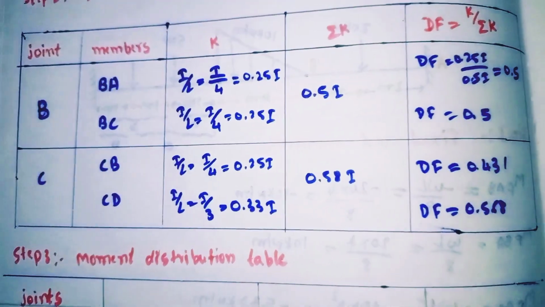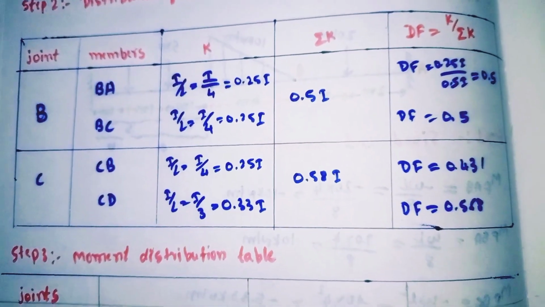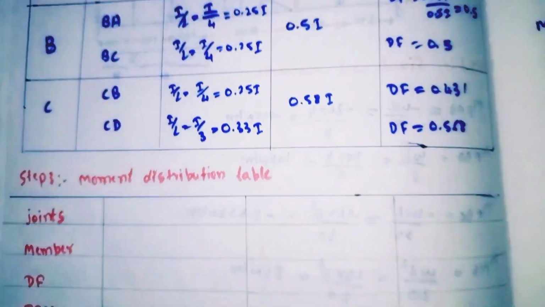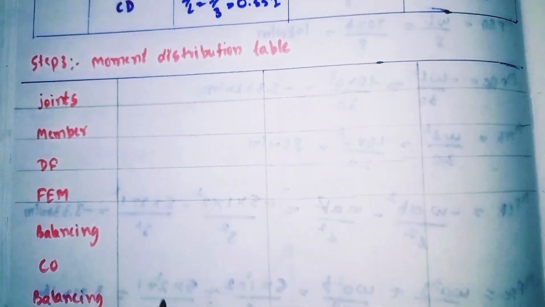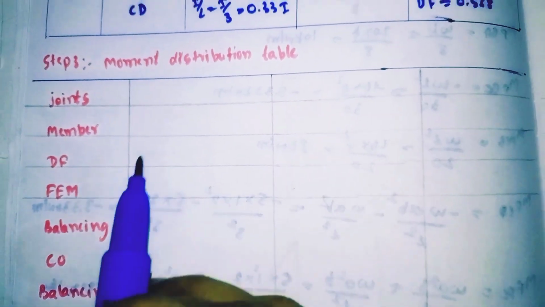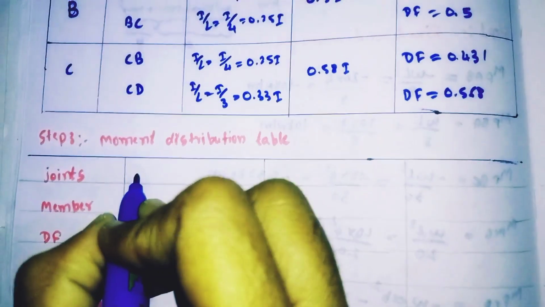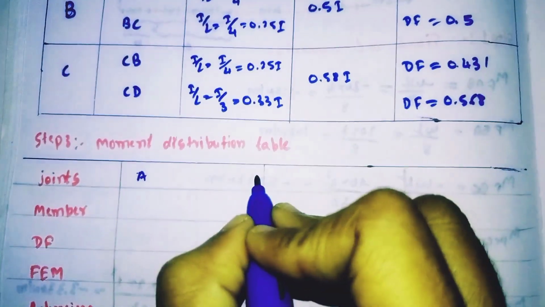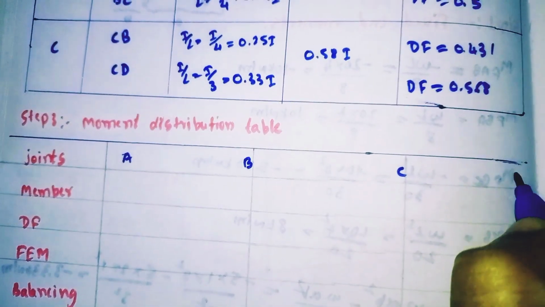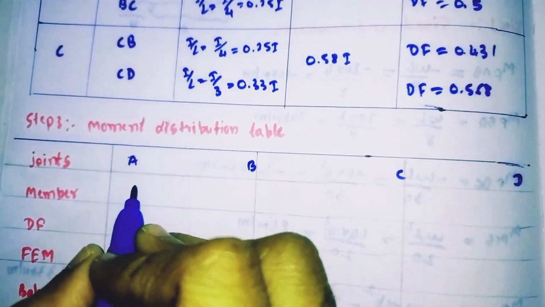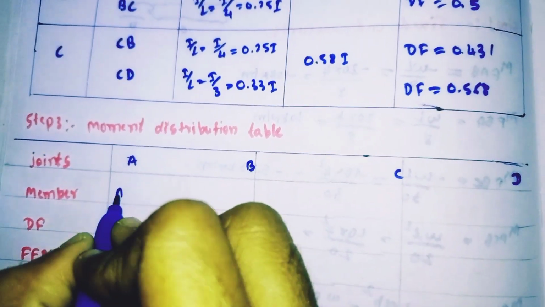So the third step is the calculation of the moment distribution. This is the table for moment distribution. We have 4 joints: A, here B, here C, and finally here D. For A we have the member AB.